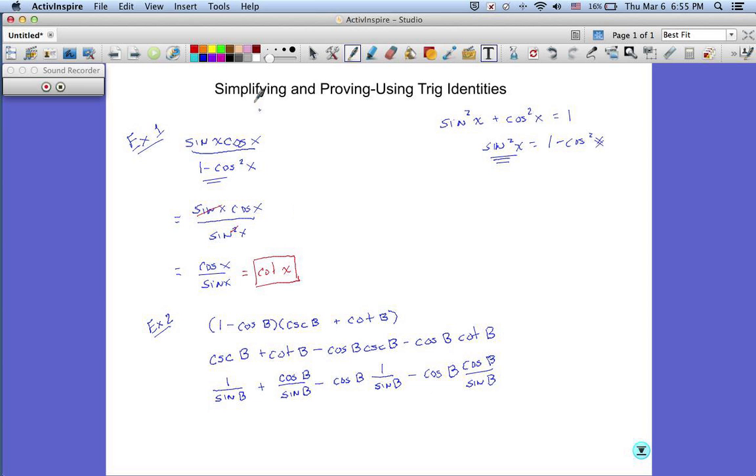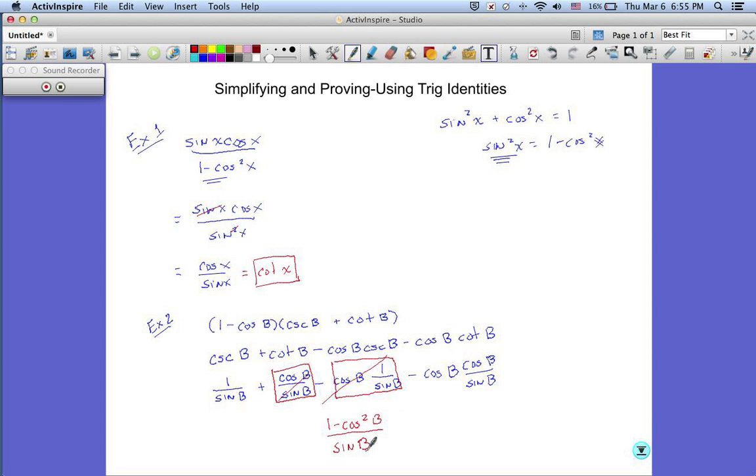Well, right off the bat, look at what we have right here. I have cosine of b over sine of b minus cosine of b over sine of b. Bye-bye. And I'm left with 1 minus cosine squared. And I'm able to do that because they have a common denominator of sine.